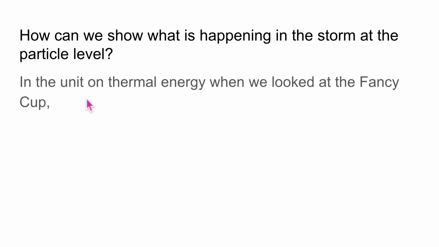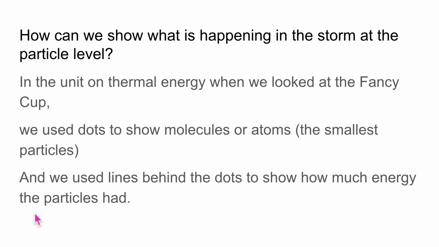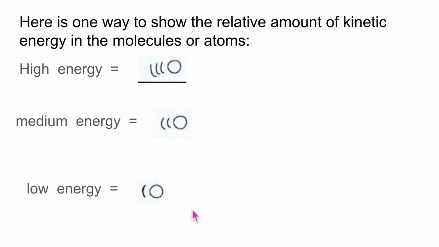In the unit on thermal energy, we looked at the fancy cup. We use dots to show molecules or atoms, or the smallest particles, and we use lines behind the dots to show how much energy the particles had. So here's one way to show the relative amount of kinetic energy in the molecules or atoms. If I want to show molecules with high energy, I could draw a dot with three curved lines behind it.